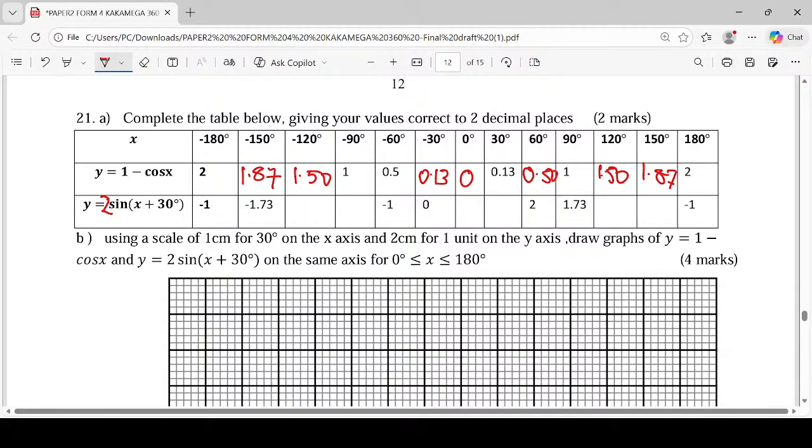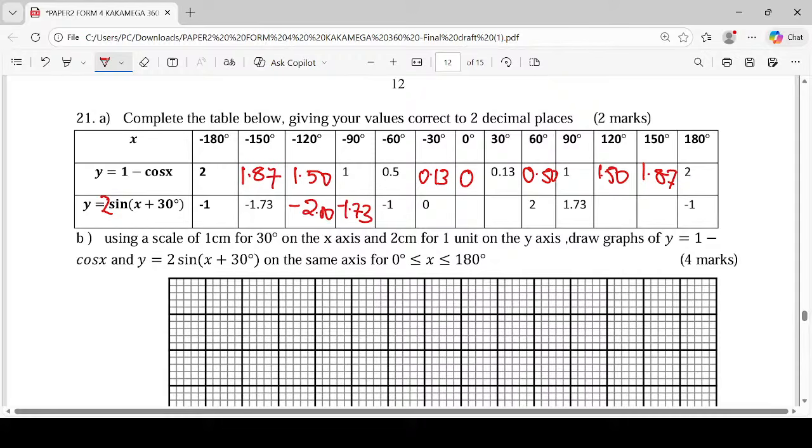Let me change this one now to negative 120. This will be negative 2.0. Negative 90, negative 1.73.